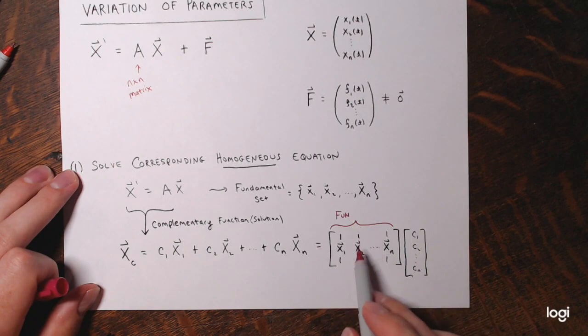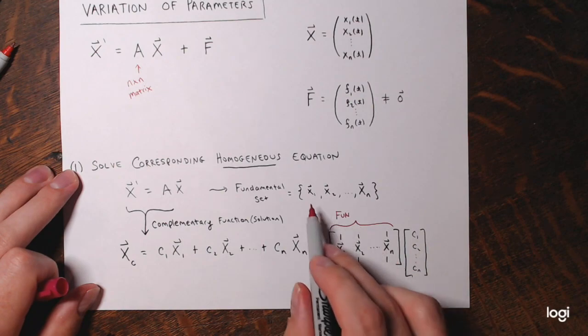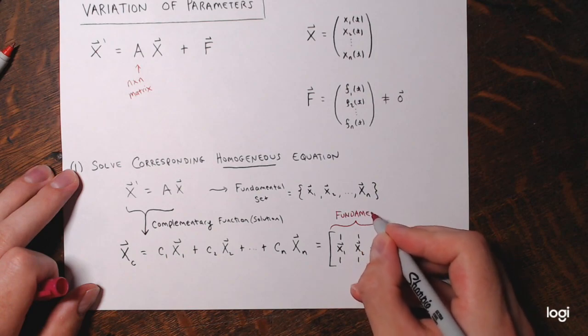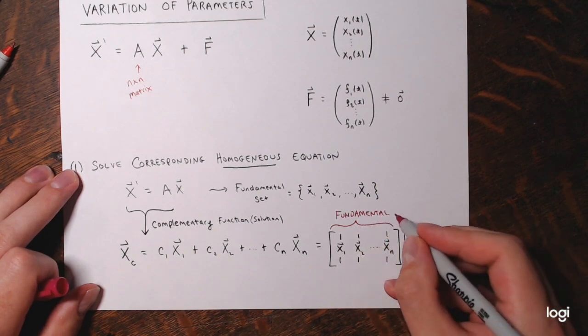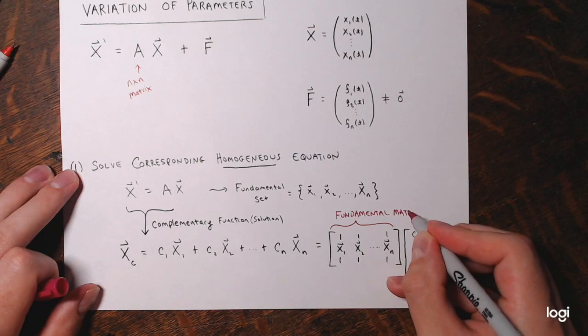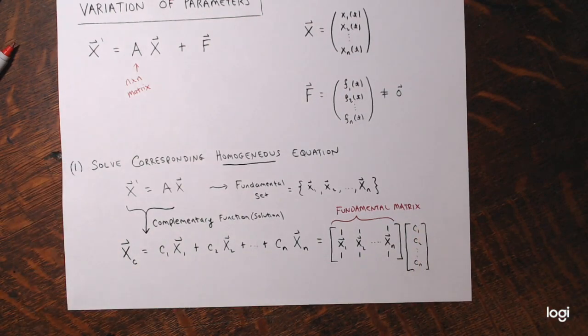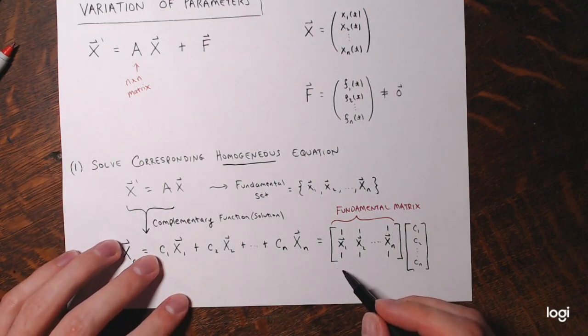Because again, the columns of it are from the fundamental set. And in some texts, this is given the symbol phi of t, because every single one of these is made up of some expression depending on the independent variable.